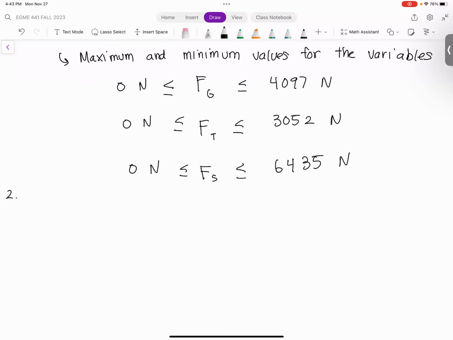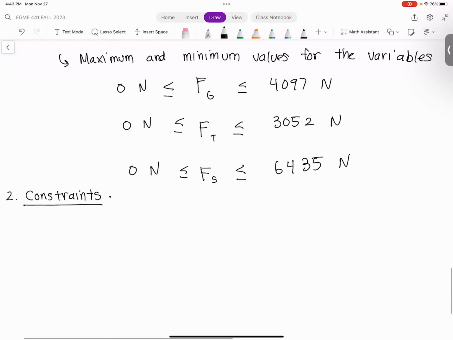All right, so number 2 are the constraints. The way that you can think of constraints, just like the name implies, is that these are things that are going to constrain the values of our variables.